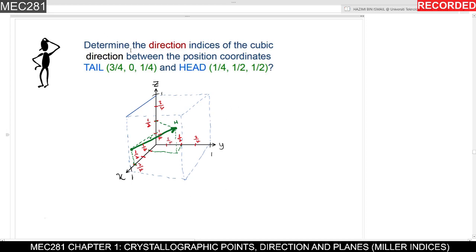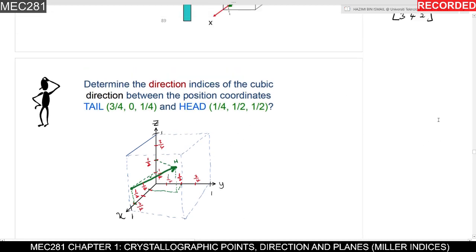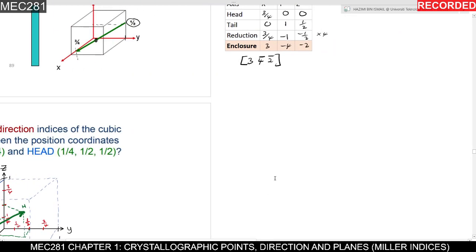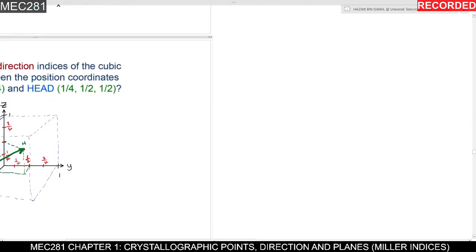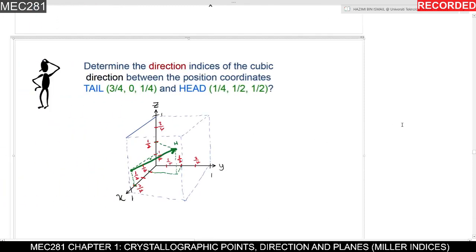It wants the indices, the Miller indices. So if you do not draw first, it is okay. Just use the steps here that we have done in the previous example.